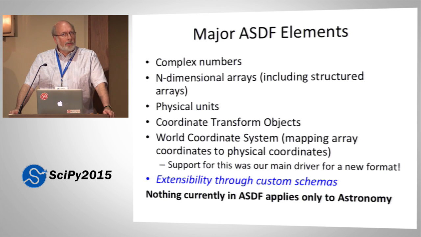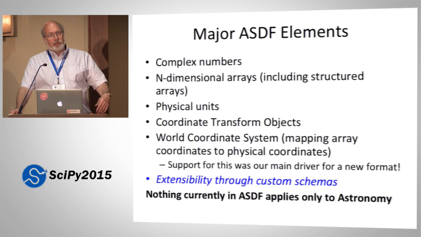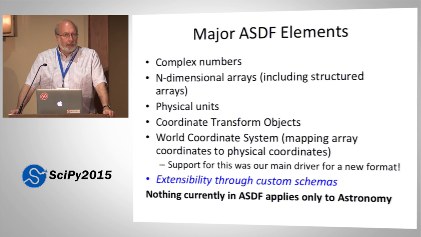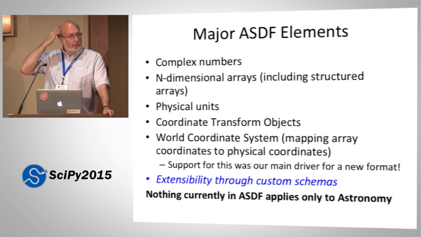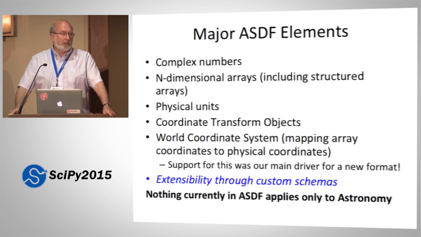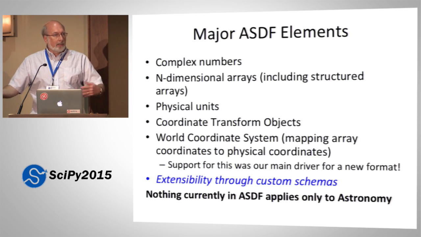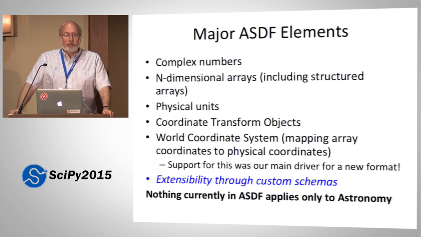Here, what we've allowed is basically, if you come up with a schema, let's say for your own project, you can define your own schema and publish it, and you can put out files with specialized objects in the file that people can use the generalized validator to check to see if their files meet that criterion. So if you have software that requires that, they can use that validator to make sure they're in the right format. So this, we thought, was an essential part of making this an extensible format.